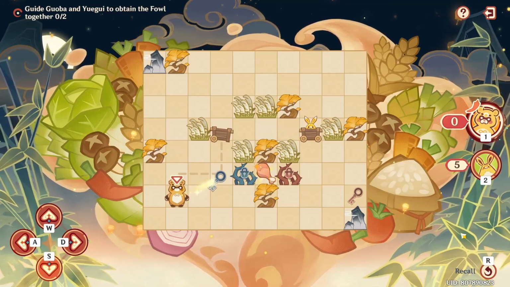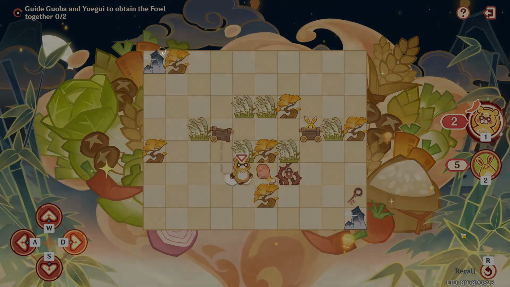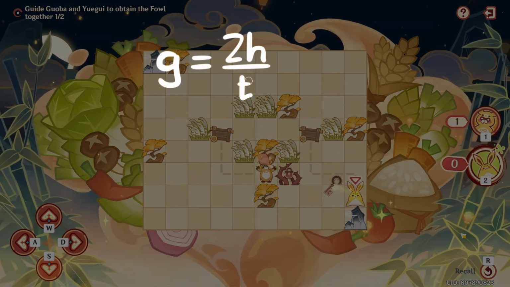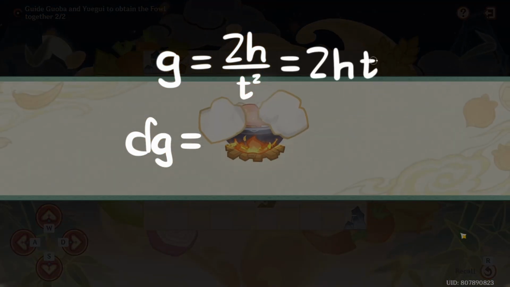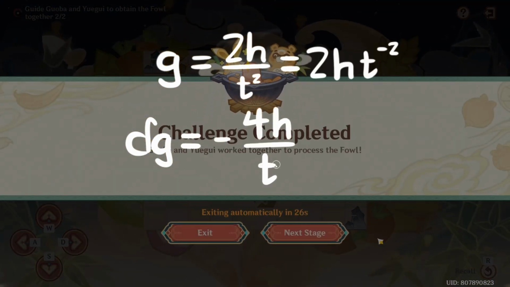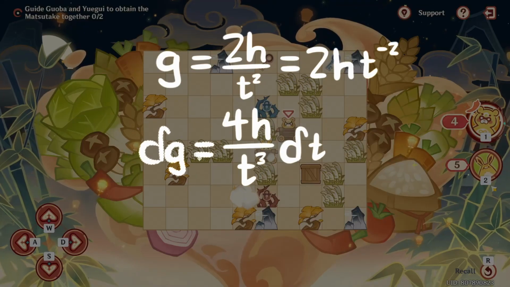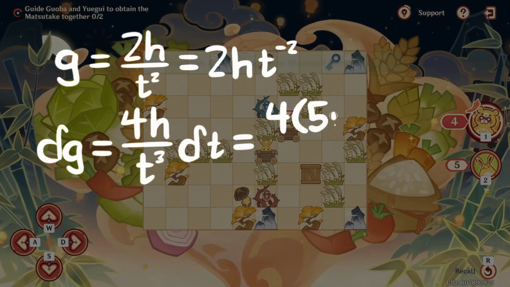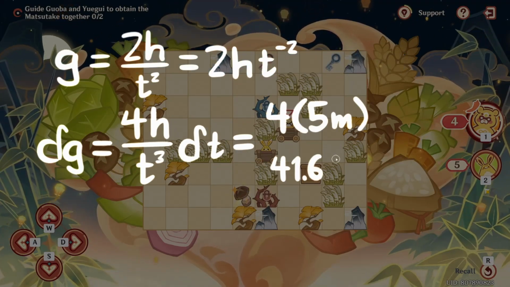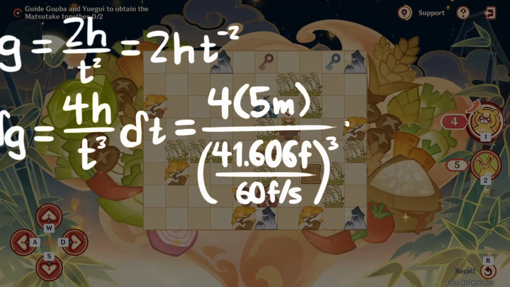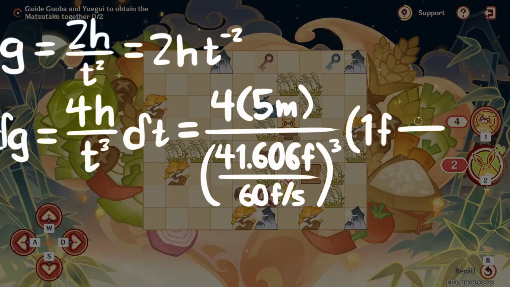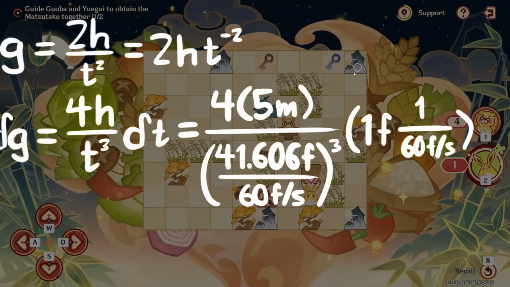I also took the time to analyze the margin of error in the acceleration with the old measurements. Using the method that I did, the error can be calculated with the following formula, which uses some basic Calculus 1 stuff, derivatives and all. The error in the gravitational acceleration is equal to 4 times the height divided by the time cubed times the error in the time.